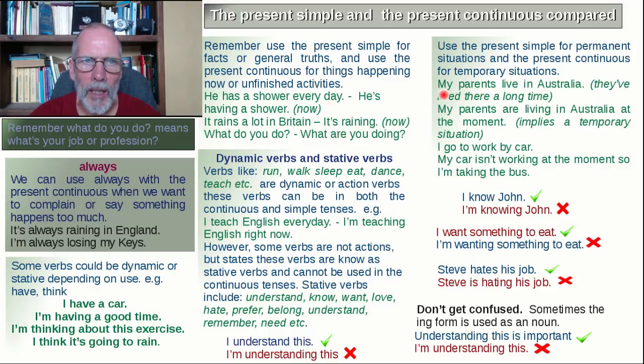If you say, for example, "my parents live in Australia," you are using the present simple and you imply that they have lived in Australia for a long time and they live in Australia permanently. But if you say "my parents are living in Australia," you imply that it's a temporary situation.